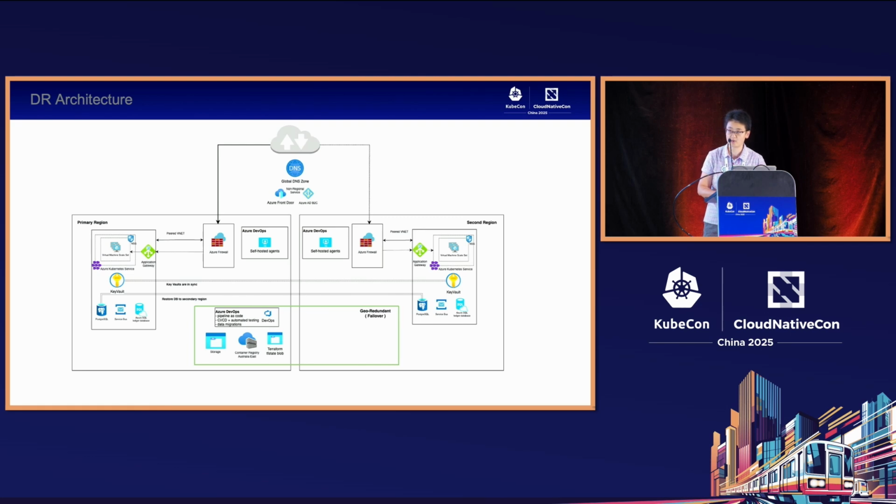Service bus can be provisioned on demand quickly, and our application will create the necessary topics and subscriptions when they start up. Databases like PostgreSQL and SQL database have geo-redundant backup, so a new instance in the secondary region can be brought up quickly.